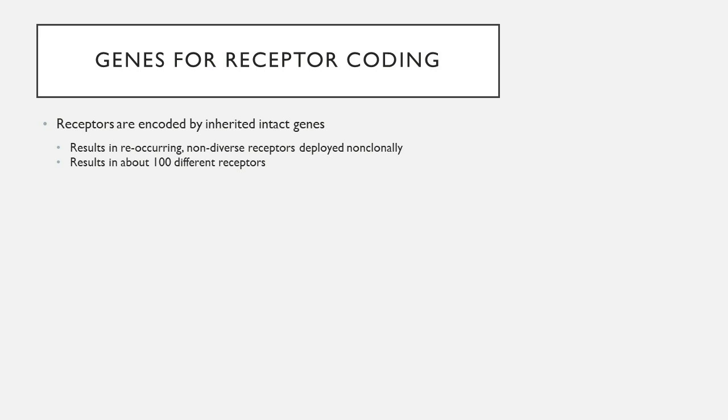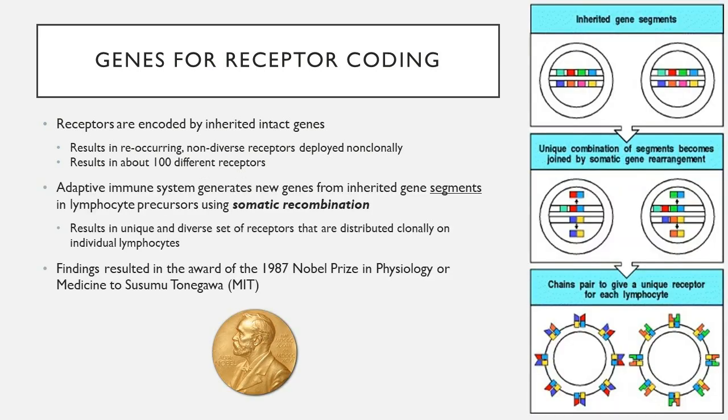Now, at one point, this was known. It was also known that adaptive immune cells, lymphocytes, can recognize tens of millions of different types of antigens. Yet, we only have around 20,000 different genes. So how is it that these cells can make such a diverse array of receptors from such a limited pool of genes? And then it was discovered that lymphocytes and other cells of the adaptive immune response generate receptors not from intact genes, but from gene segments, through a process called somatic recombination.